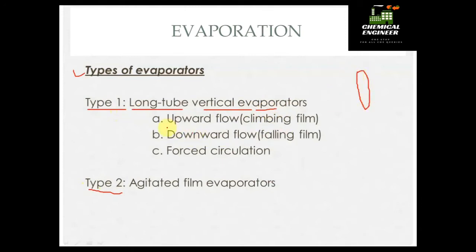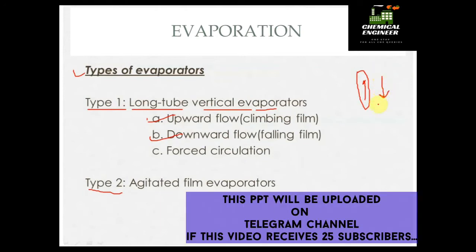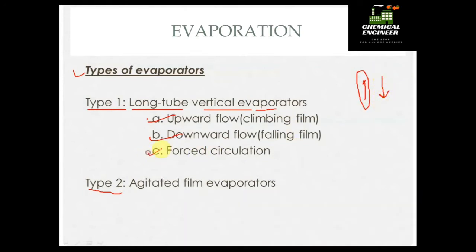They may be divided as upward flow, where the liquid flows from bottom to top; then downward flow, where the liquid flows from top to bottom; and third, the forced circulation type evaporator. Next, in type 2 we have the agitated film evaporator. All of these are studied in this video.